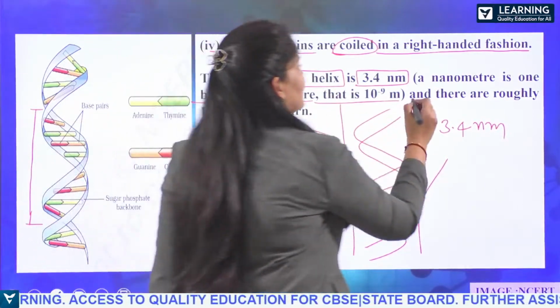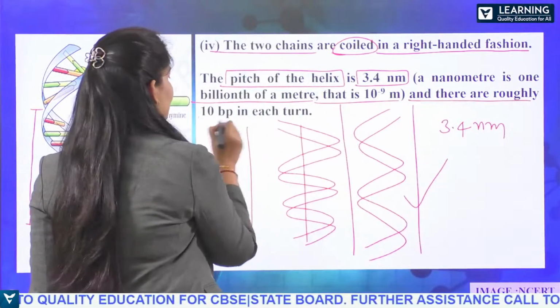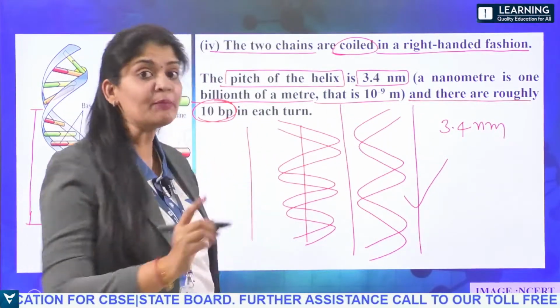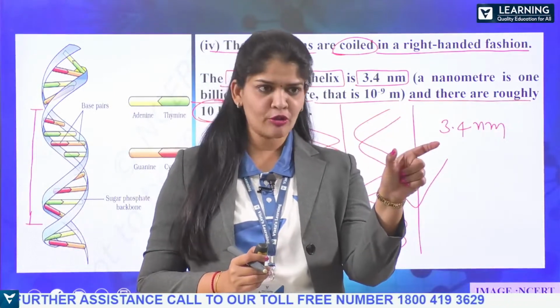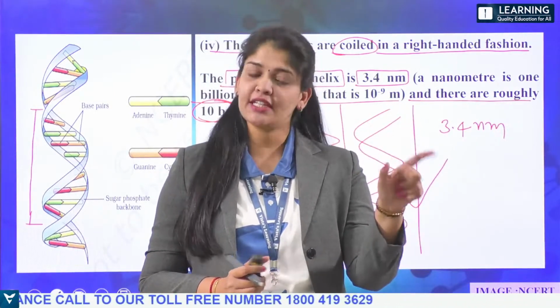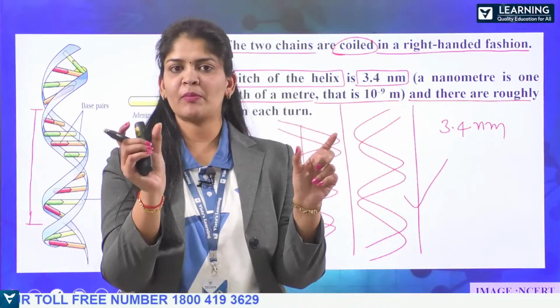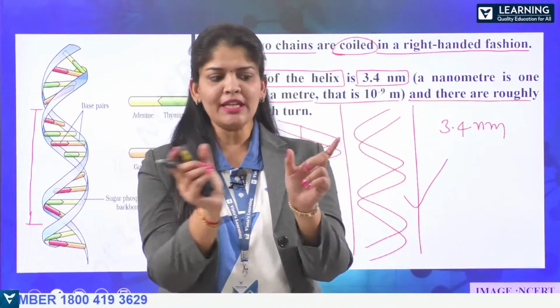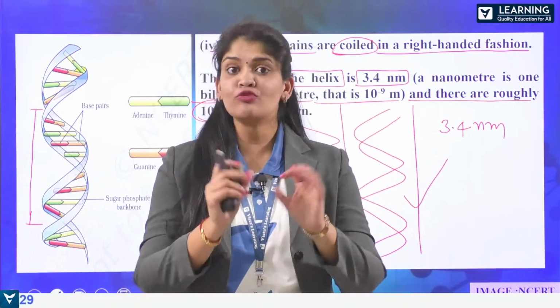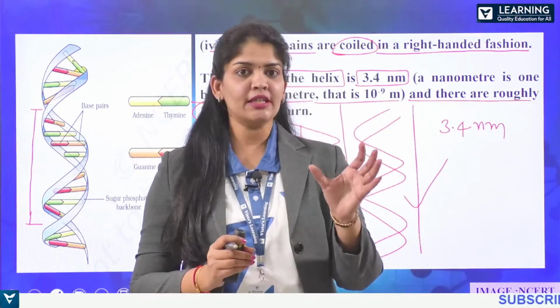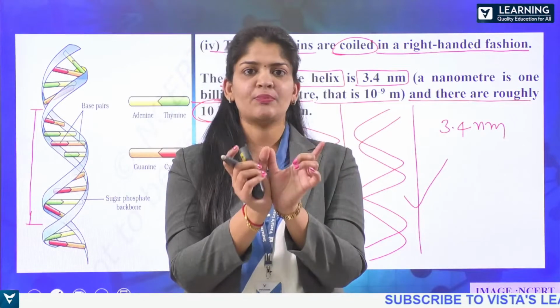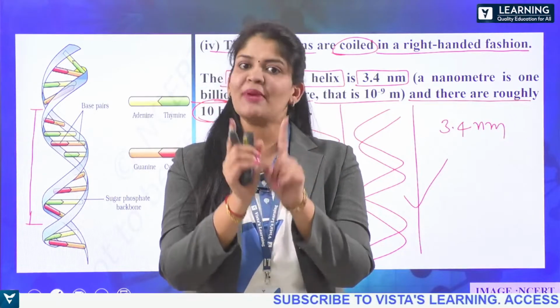Now, there are roughly 10 base pairs. What do you mean by base pair? A base pair is a pair of nucleotides. Here we have one nucleotide on one strand, one chain, and another nucleotide on the other chain. These are joined together by means of the hydrogen bonds formed between the nitrogenous bases. So the pair of nucleotides attached by the hydrogen bonds, we call one base pair.